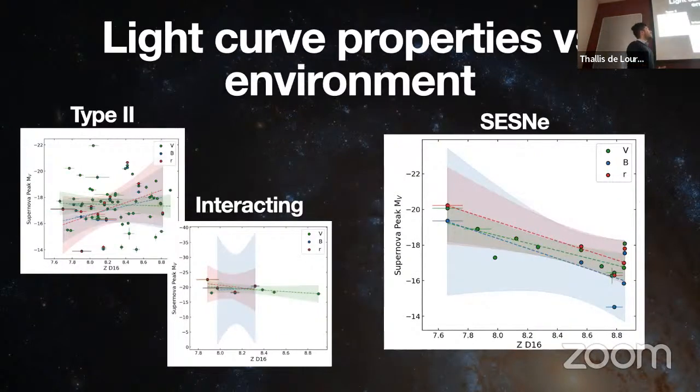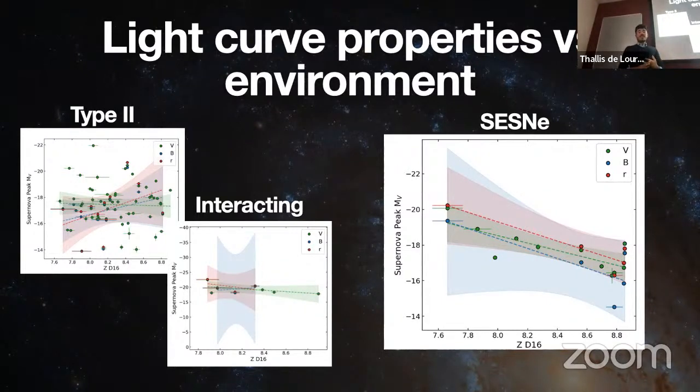We also looked for correlations between the light curve properties of these events and their environments. We looked into the maximum magnitude, so the magnitude of the peak of the light curves, and tried to correlate it with the H-alpha equivalent width, star formation rate, and metallicity.